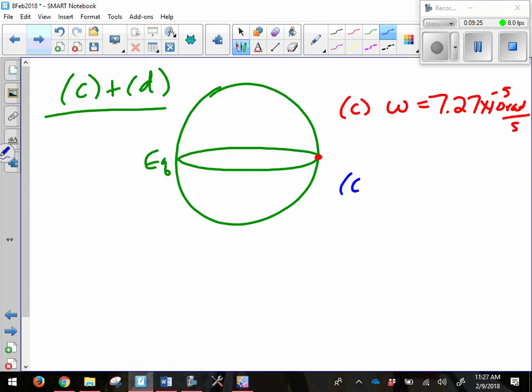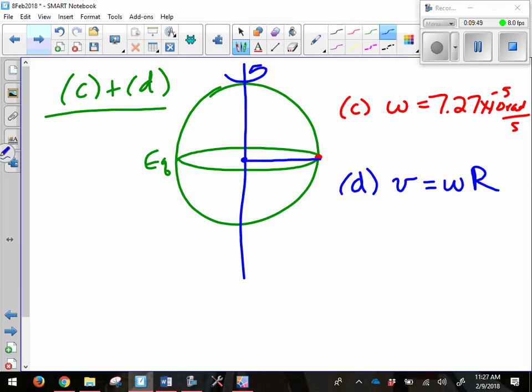All right, so part D is to find what? Linear velocity, which is V. And what is linear velocity equal to? Omega r. But what's r in this case? It's just the radius of the Earth, because here's the center of the Earth. There's my rotational axis.